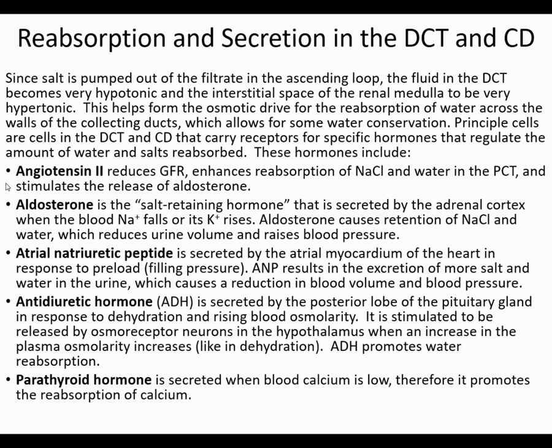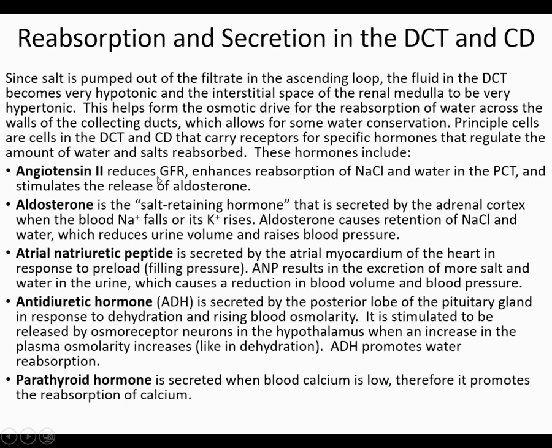It's wanting us to get rid of more water from our blood. ANP excretes more salt and more water in our urine, causing reduction in blood volume and blood pressure. The others are all geared towards reabsorption of water or salt, which then affects water. Because like I said, if you retain salt, you're also going to retain water.